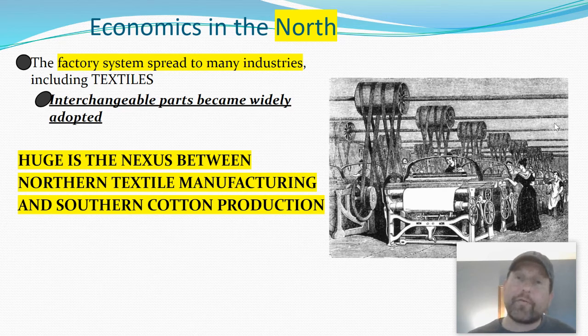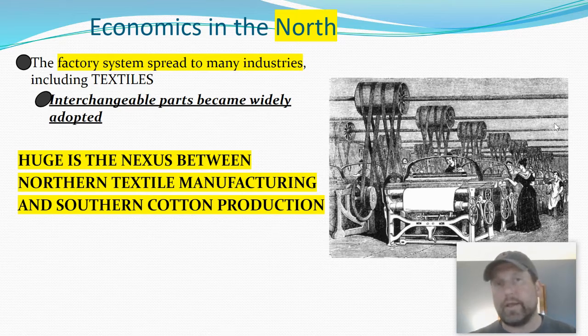And that manufacturing economy largely rests upon textiles. The factory system had spread to many industries, where, as we know, the economic systems in the North were already geared around towns and the emerging cities that we talked about.